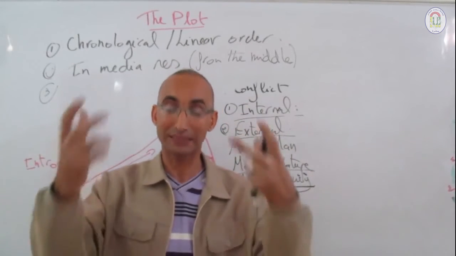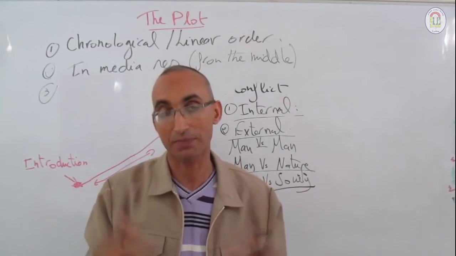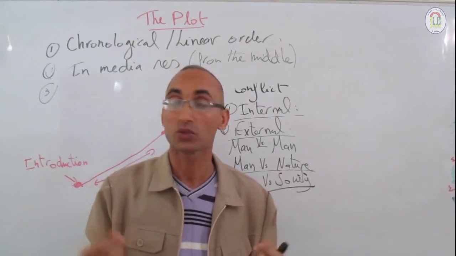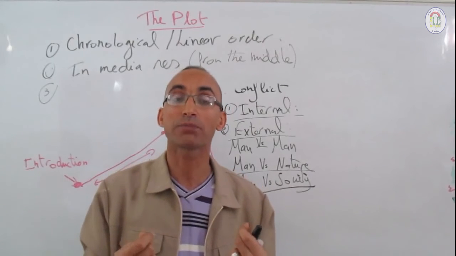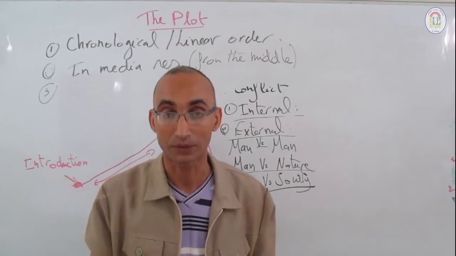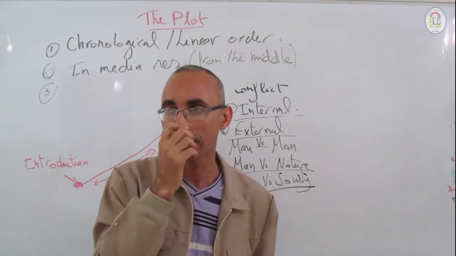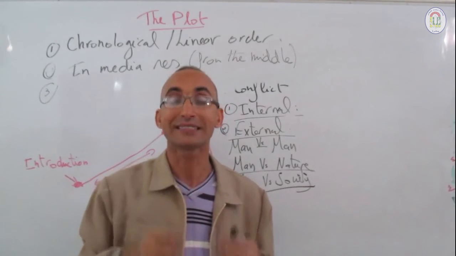Here they use flashbacks. The flashback is one of the techniques that writers use to create suspense in their plots and stories. There are in fact many other techniques, but the most attractive one is suspense.